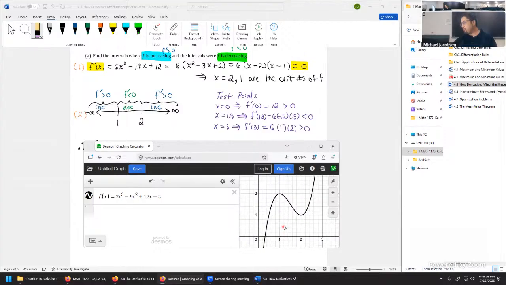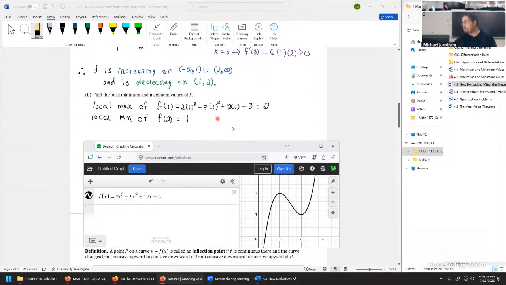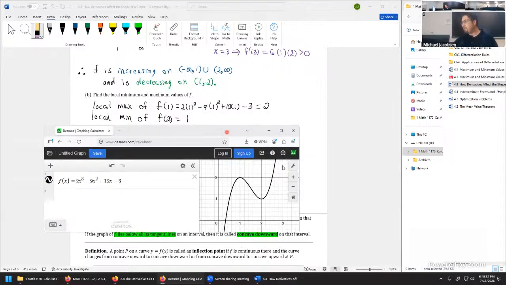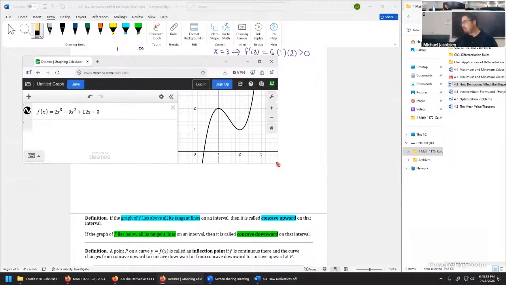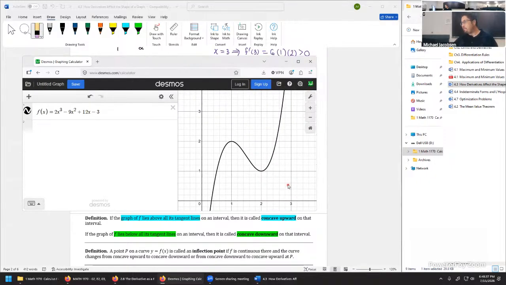Let's look at a picture around 1 and 2. This is also a decent check. We said the local maximum is 2. That checks out on the graph. The local minimum value is 1, and that checks out on the graph as well. So that's a nice consistency there. But what we're mostly worried about is this graph specifically when we think about concavity. So let's screenshot it right here.